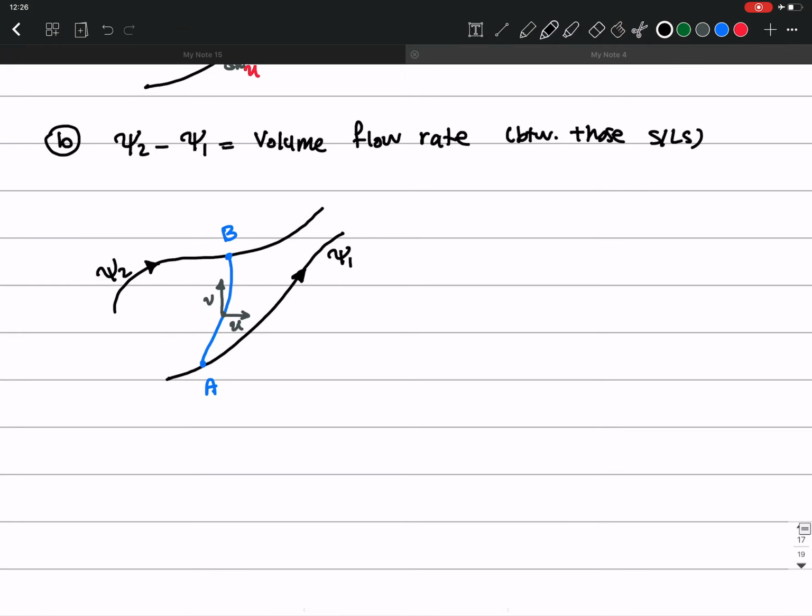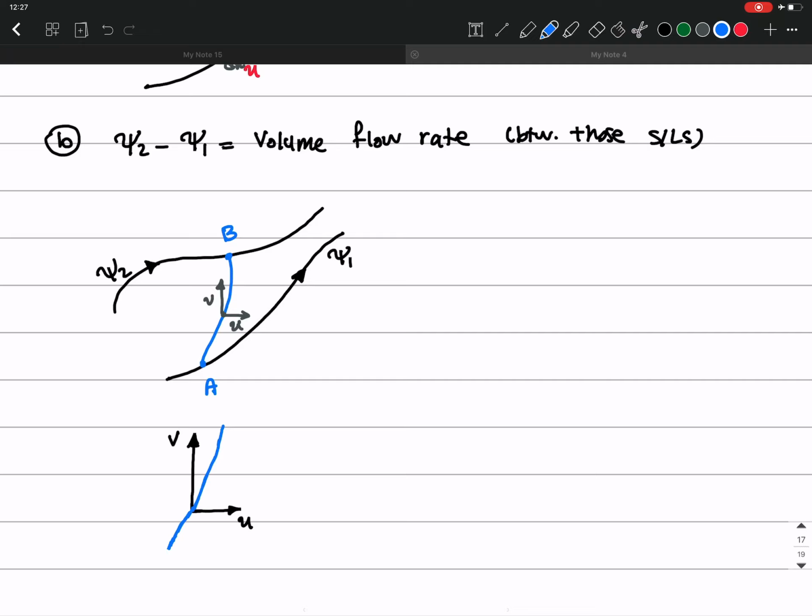So let's see, I'm going to plot this again. At that point, we have this u and v. And so this is like our streamline, the something between those here.